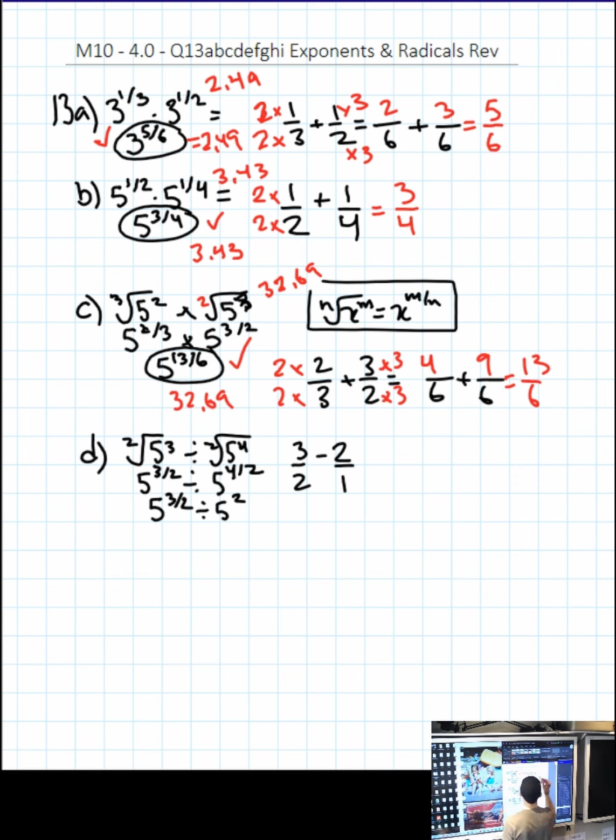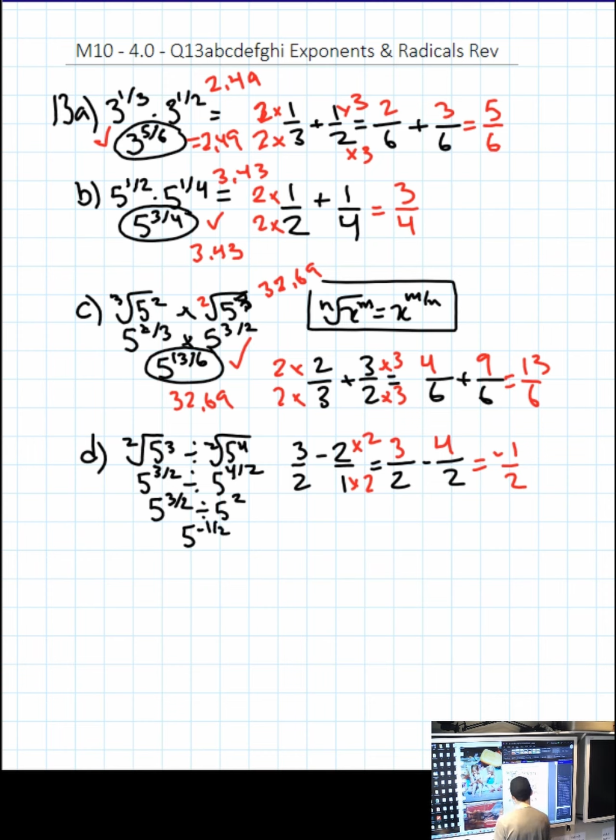We're going to find the lowest common denominator. We're going to get over 2 minus over 2. We're going to times the top and bottom of this fraction on the right by 2. And we're going to get 3 minus 4, which is equal to negative 1 over 2. So we're going to get 5 to the negative 1 over 2.